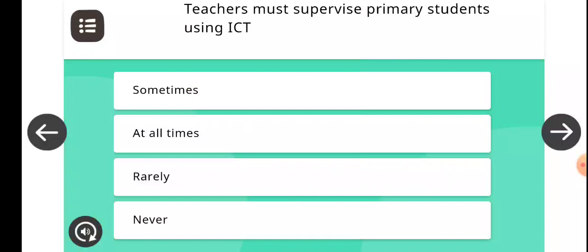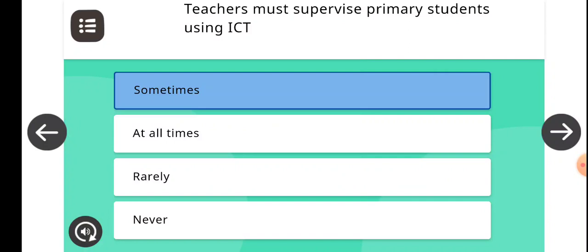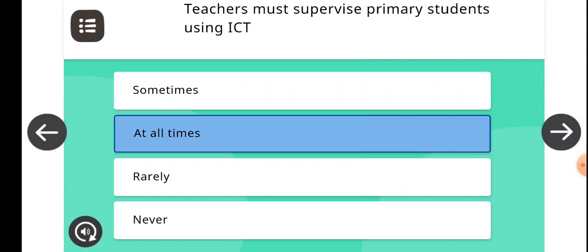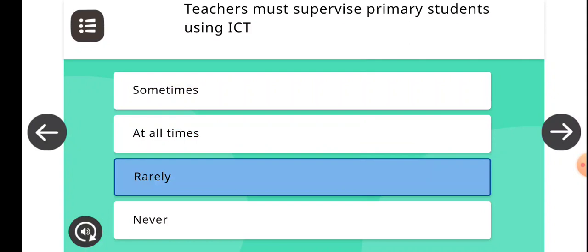Next, teachers must supervise primary students with ICT while using ICT things such as tablets, computers, and mobiles. While the students use these IT tools, how much supervision do we need to show? Sometimes, or at all times, or rarely, or never?